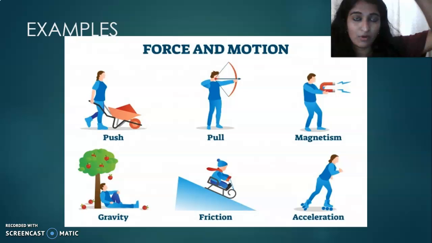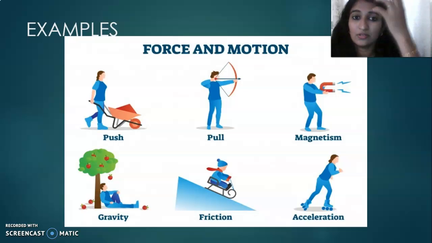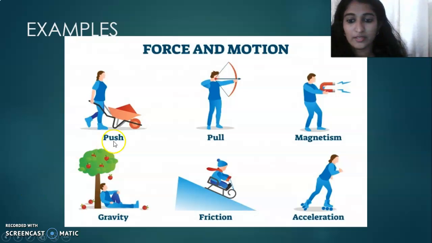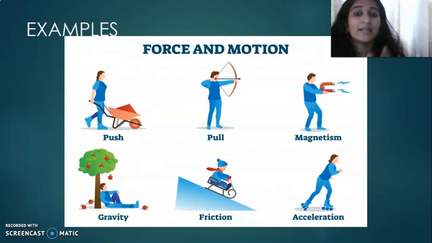It is called gravity. Gravity is the force by our earth, and it is always towards the downward. That is why apples go downwards, because of gravity on our earth.